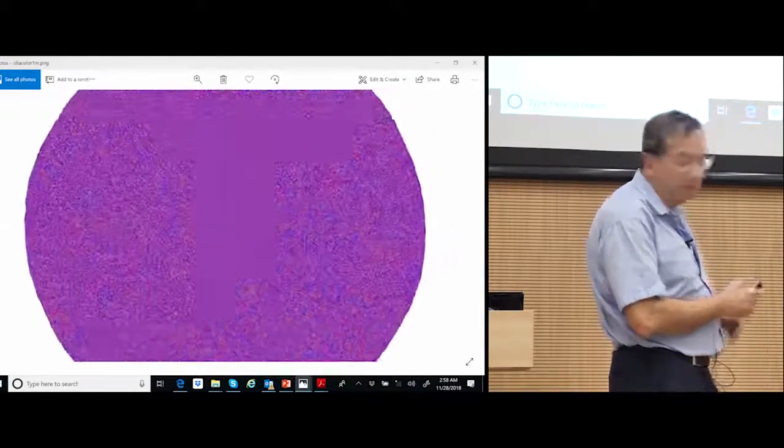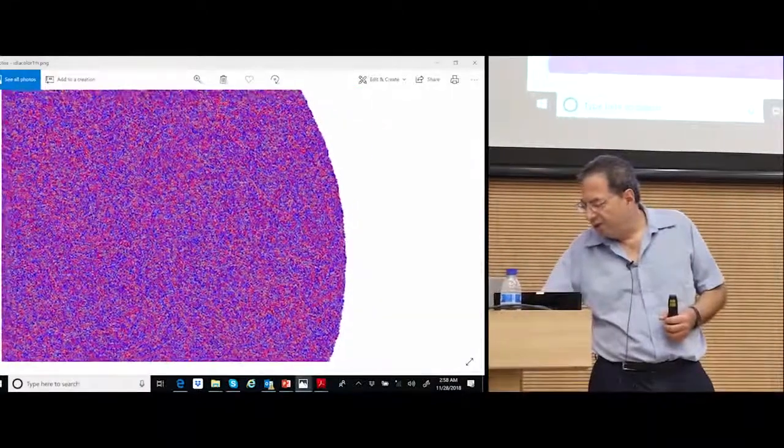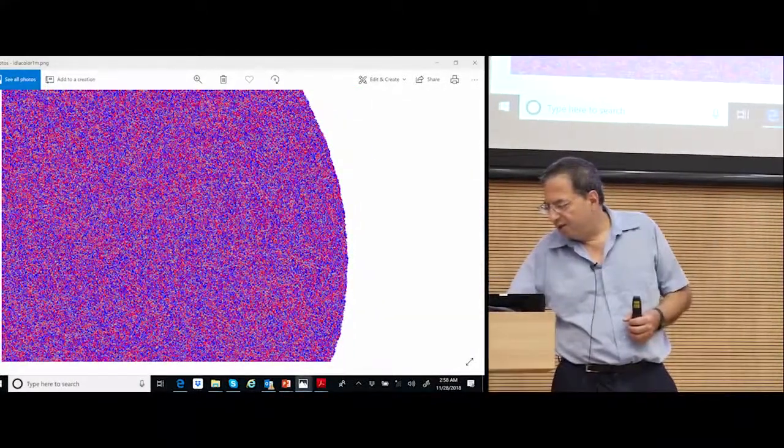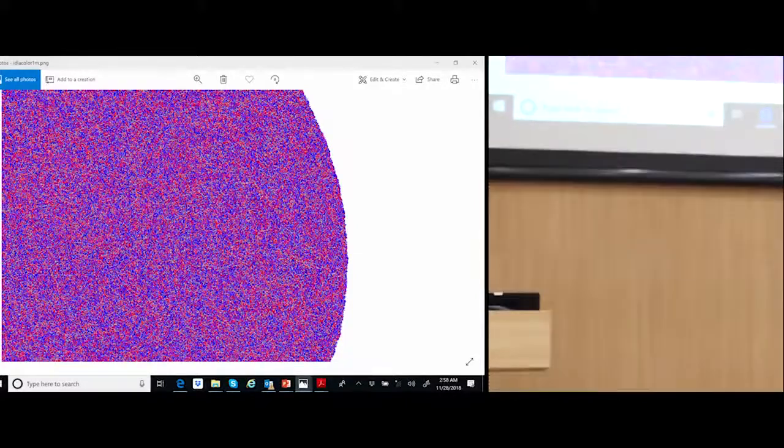But you can see in this picture that the fluctuations are real. There really are these fluctuations of the boundary. It's not completely round in the random case.